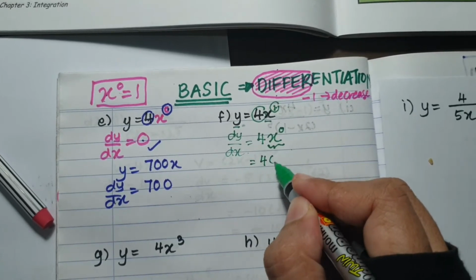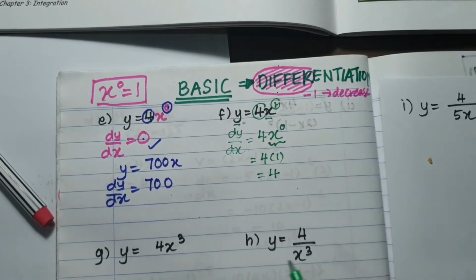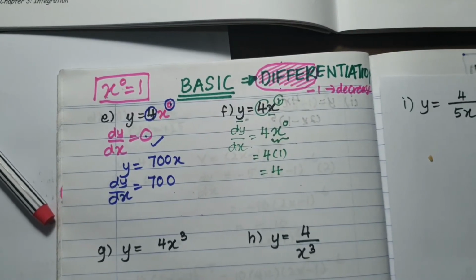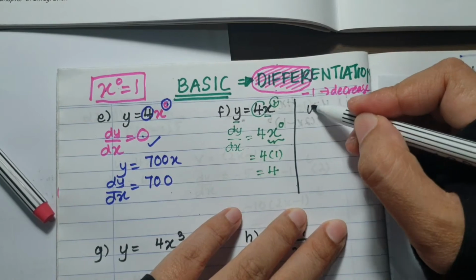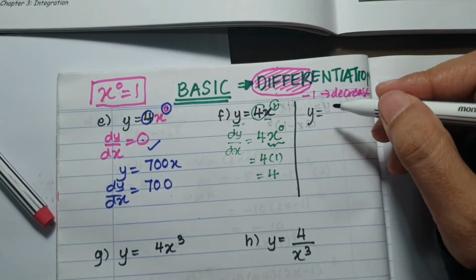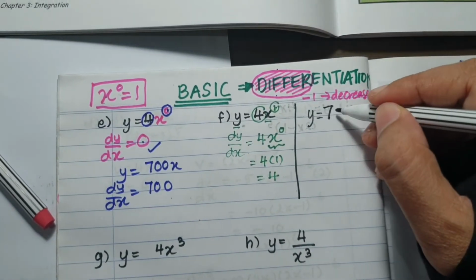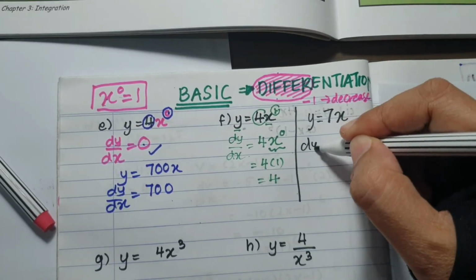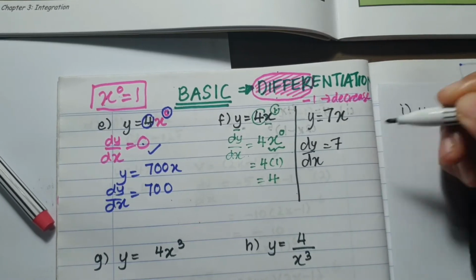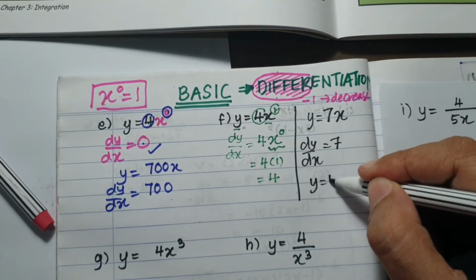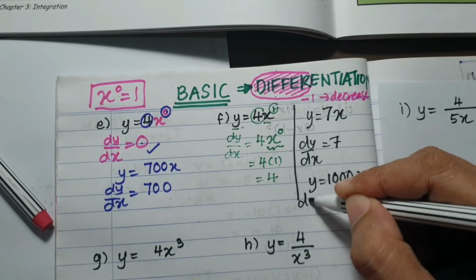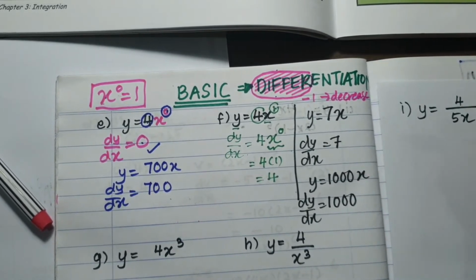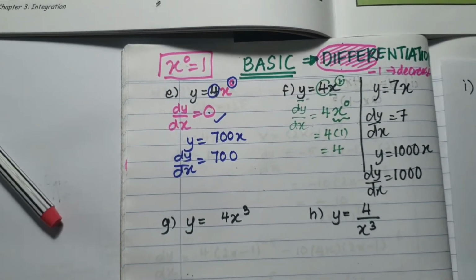So you have 4. To make it easier, remember, if you have any function in terms of only one variable with power of 1, let's say 7x, of course the result is 7. If you have y equals 1000x, the result is 1000 only.